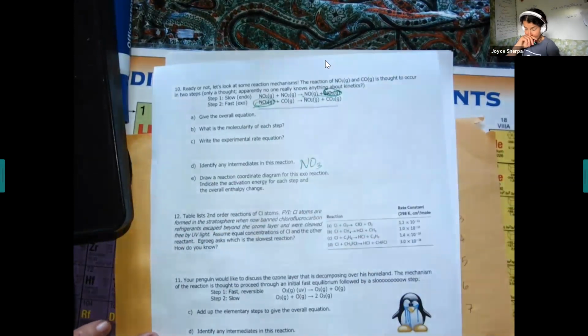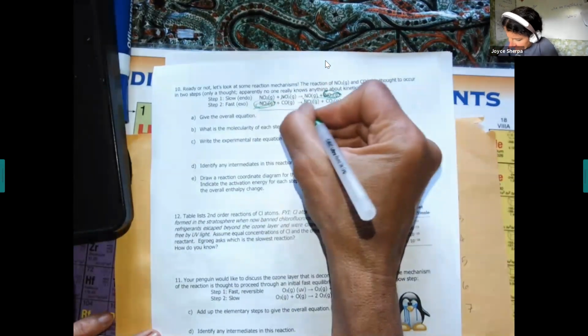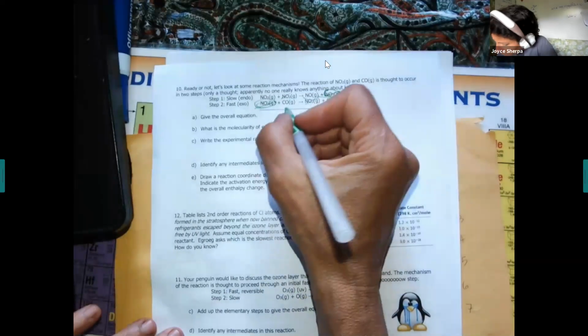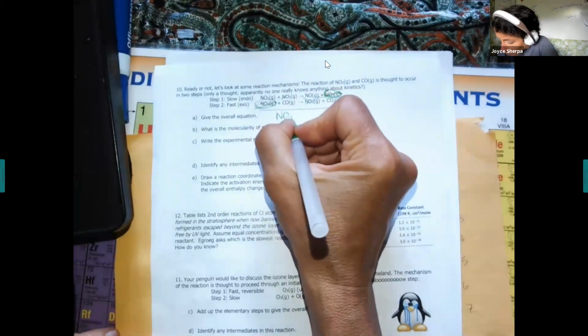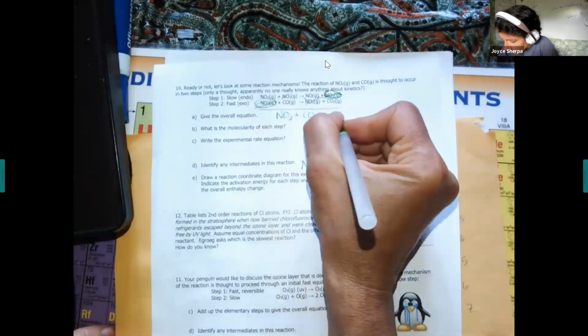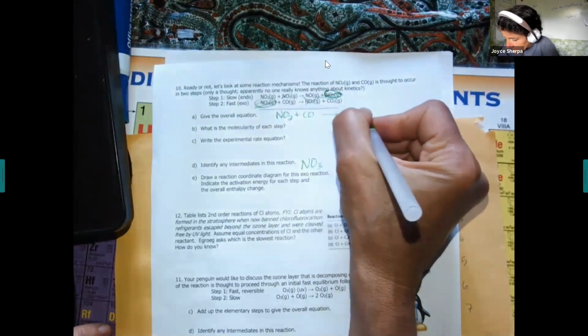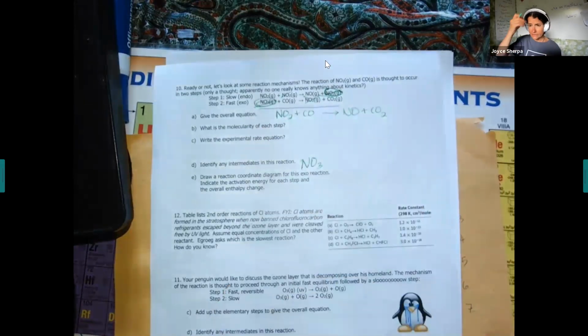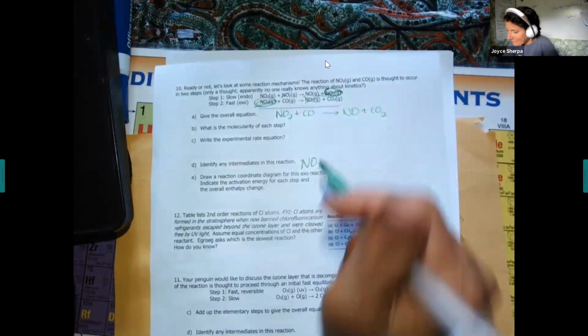Something else also crosses out: there's an NO2 that you start with, and then it comes back out. So when you do your net, you're only going to have one NO2 plus the CO going to NO plus CO2. On these, I'm okay with you leaving the states of matter off, or you can be really good and show them.